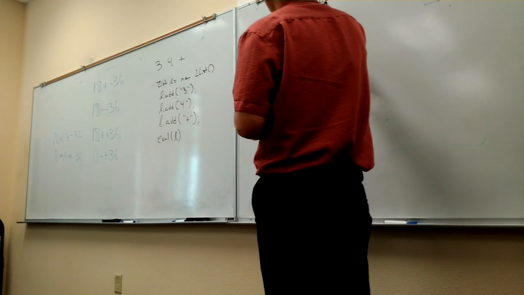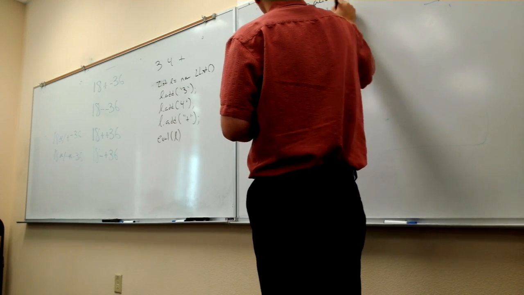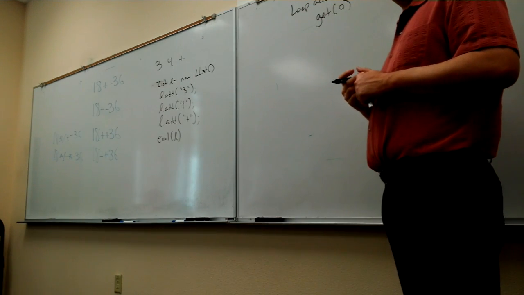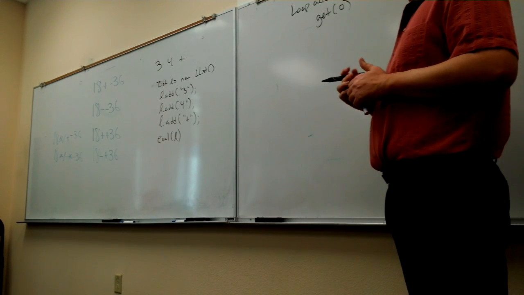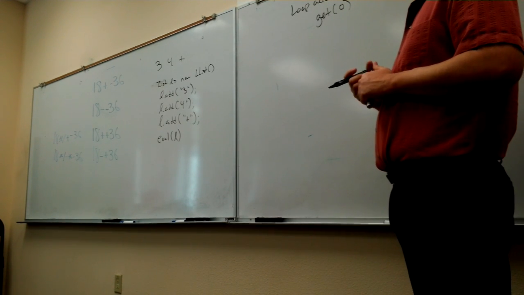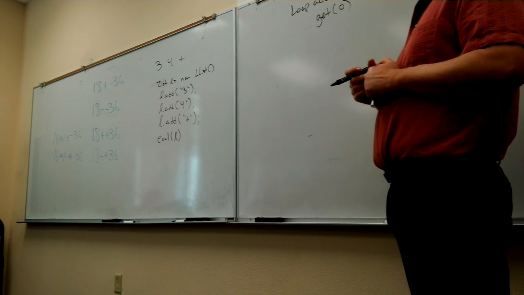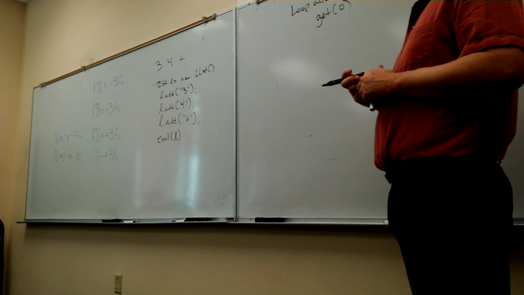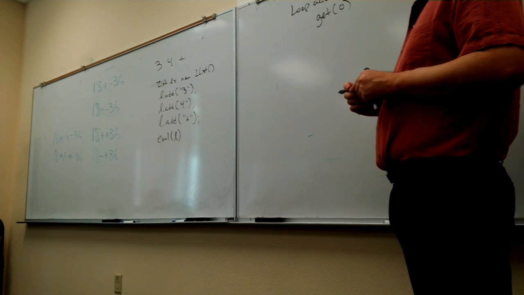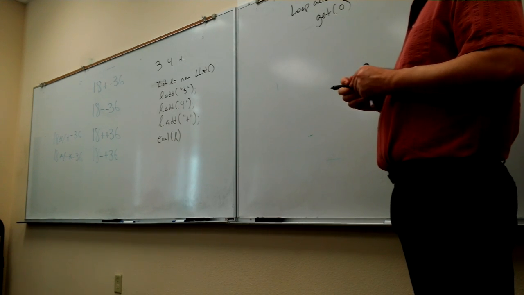When you're in this loop, the first thing you do is go something like get 0. What's returned by this? Plus. Is that what you want? What do you want first? 3. You want 3 first.